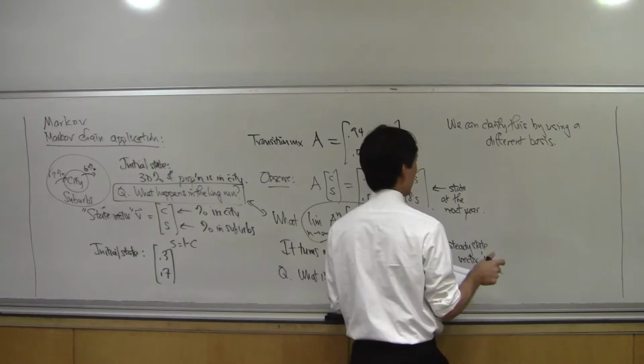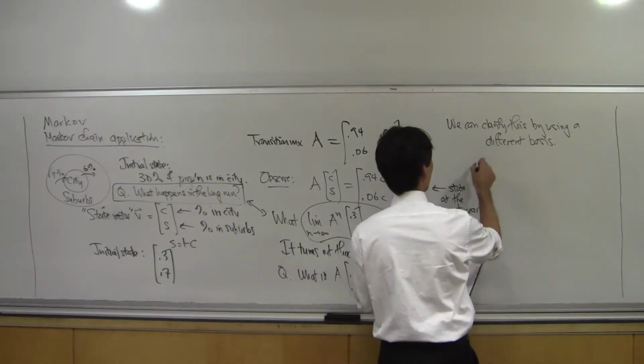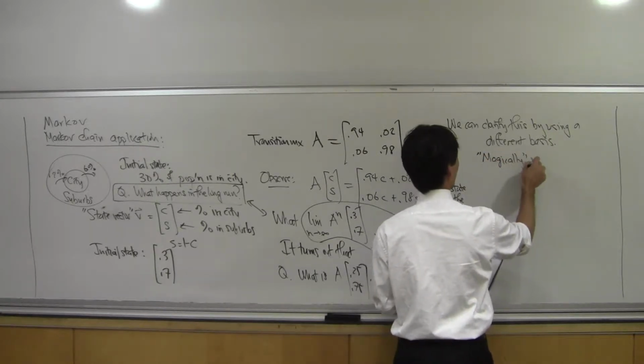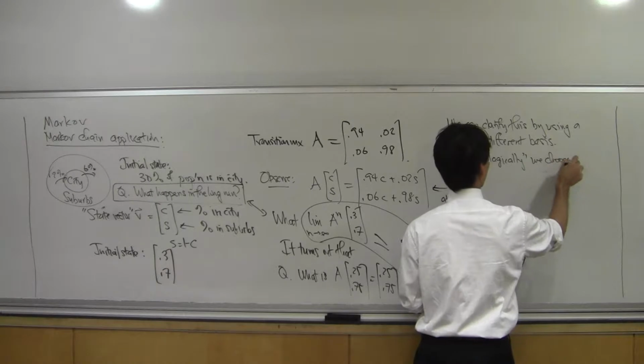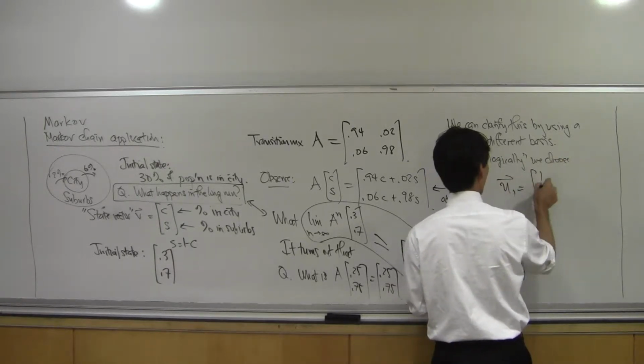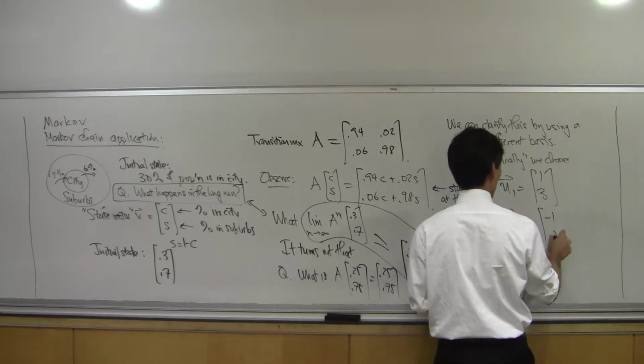Okay, so magically we choose two vectors. U1 is 1, 3, and U2 is -1, 1.